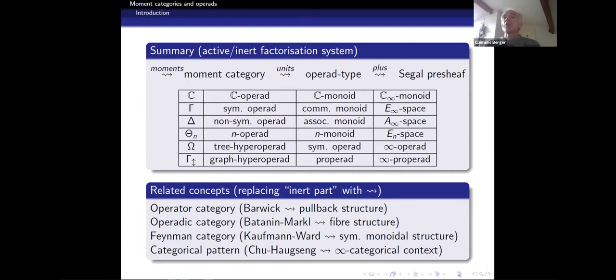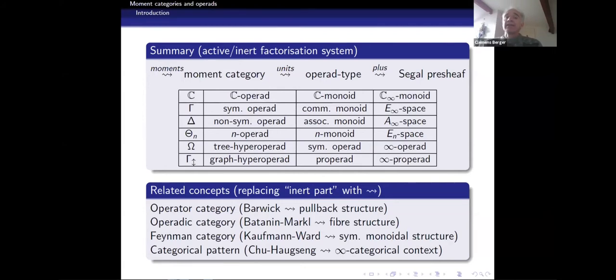Then there is the notion of operadic category of Michael Batanin and Martin Markl, where the inert part is replaced by an abstract fiber structure. Then there is the notion of Feynman category of Ralph Kaufmann and Benjamin Ward, where the inert part is replaced by a symmetric monoidal structure.